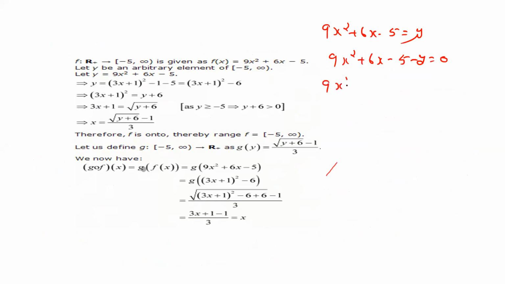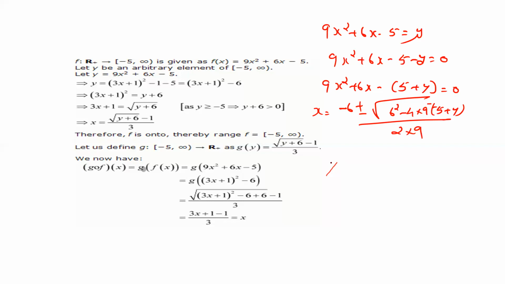So 9x squared plus 6x minus of 5 plus y is equal to 0. This is a quadratic equation. So x is equal to minus 6 plus or minus root of 6 squared minus 4 into 9 into minus 5 plus y, by 2 into 9.